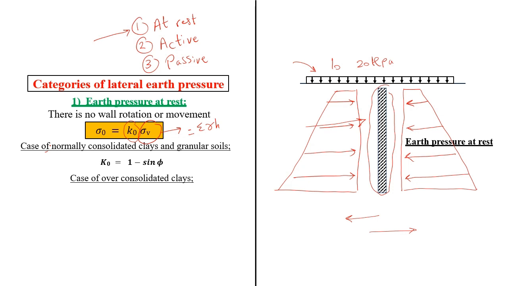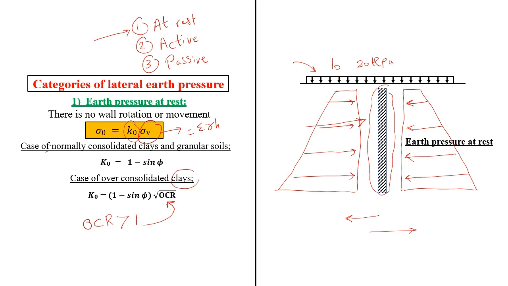For the case of over-consolidated clays, in which the over-consolidation ratio is greater than 1, you have to use this formula: KO equals 1 minus sine phi, multiplied by the square root of the over-consolidation ratio. You take the value of OCR and substitute in this formula.